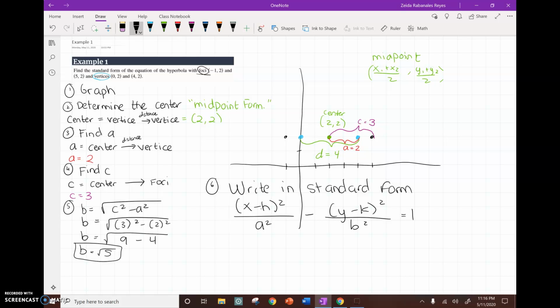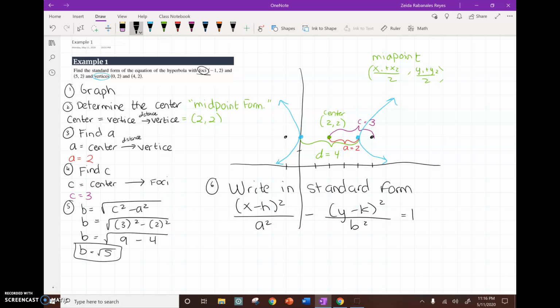And how did I know that I needed the x in the beginning instead of the y? Because this is a horizontal hyperbola. Those are the vertices. The vertices have the branches. So this shows that it is horizontal, so my x needs to be in the front.